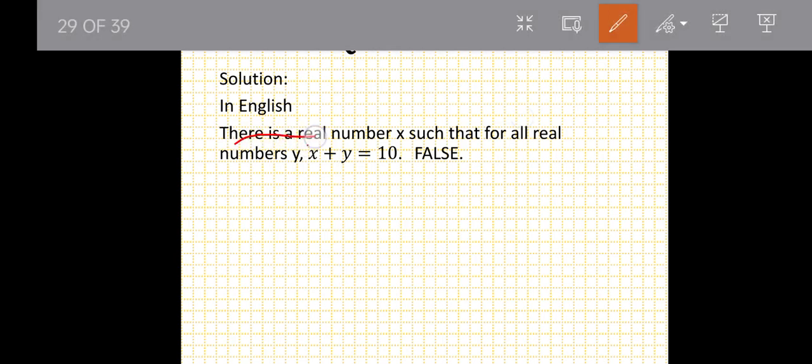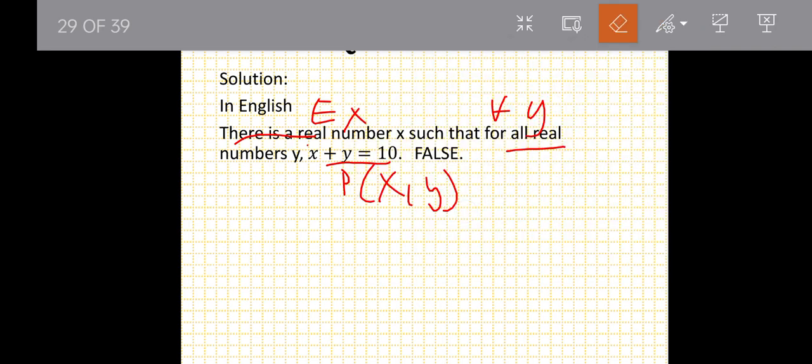There is, so that is for our existential quantification, such that for all, yan yung ating universal quantification. And this is our P(x, y). Okay? For all x, there exists y. There exists x for all y. Mali pa talaga yung pag-draw ko. Dapat babaliktad na iyan siya dyan.